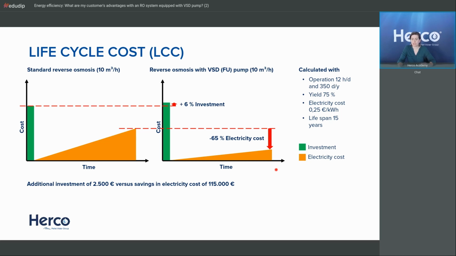And I'm always surprised when we see units of this size, like 10 cubic meters per hour or larger ones, are still being ordered without a variable speed drive. I know it's something that you might have to convince the client about in the beginning, because many people don't have this on their mind when they invest. But I think it's something that is really worthwhile for the client, and that's going to help you to have repeat business with that client as well.